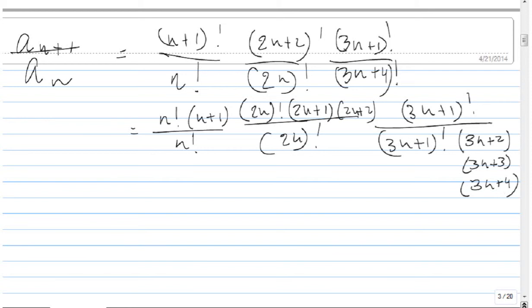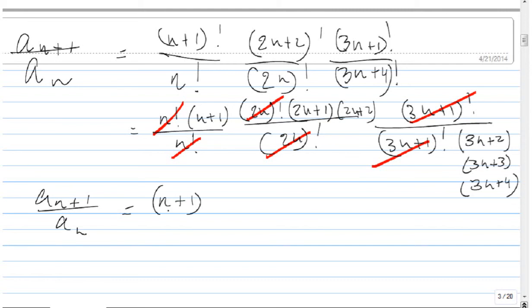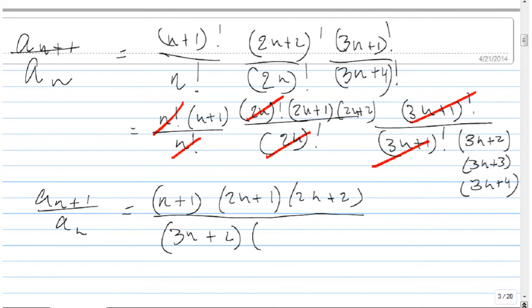Okay? So now we cancel the factorials, (2n) with (2n), and (3n plus 1) with (3n plus 1), to stay with a_(n+1) over a_n equals (n plus 1) times (2n plus 1) times (2n plus 2) over (3n plus 2) times (3n plus 3) times (3n plus 4).